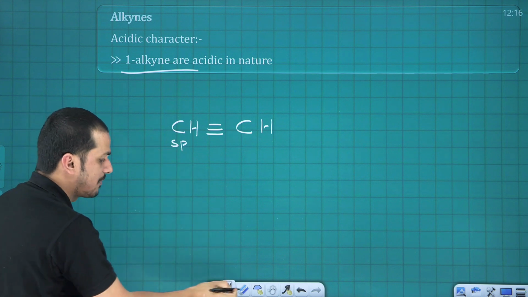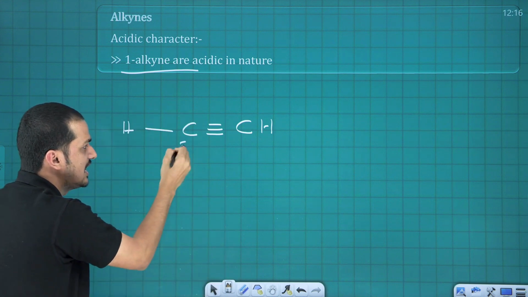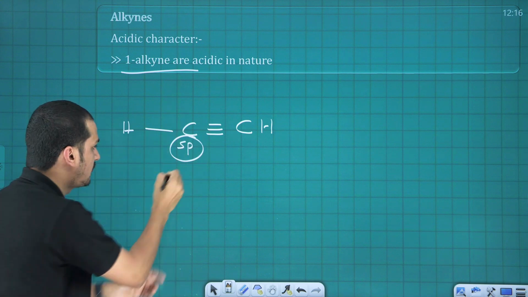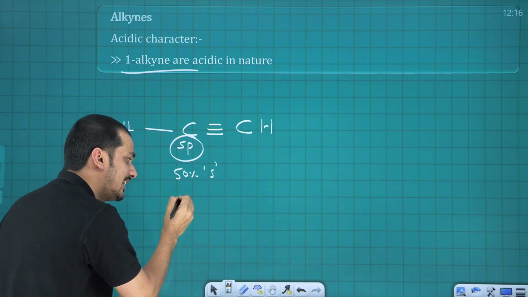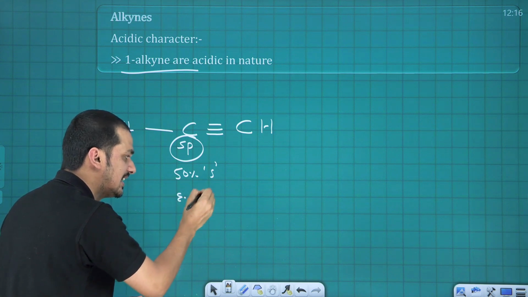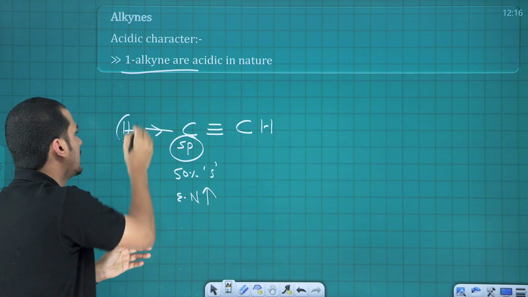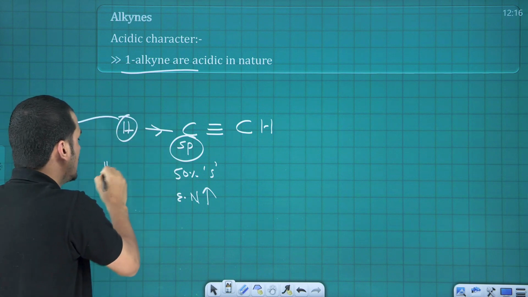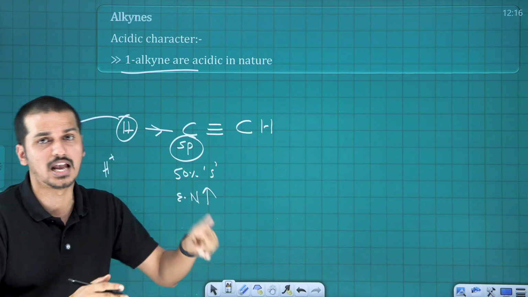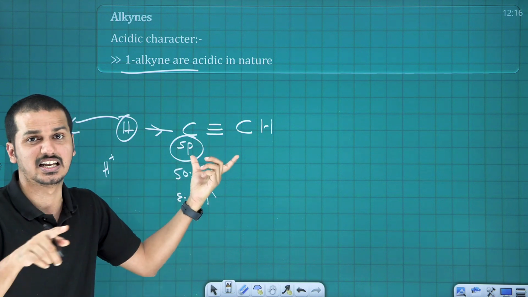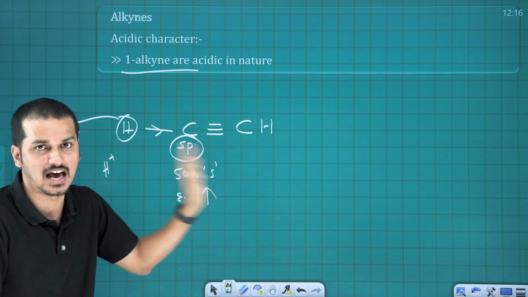An sp hybridized carbon has 50% s character; as s character increases, electronegativity increases, so it pulls the electrons towards itself. Automatically this hydrogen can escape as H+, so it is acidic in nature. Compared to alkenes, alkynes are more acidic, but not as much as alcohols; they are less acidic than alcohols.